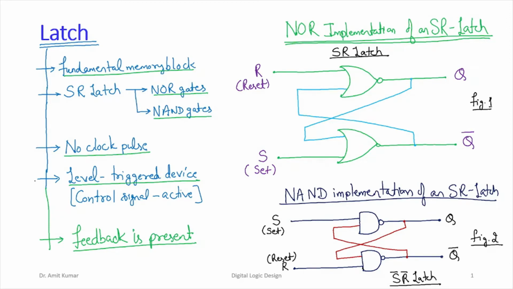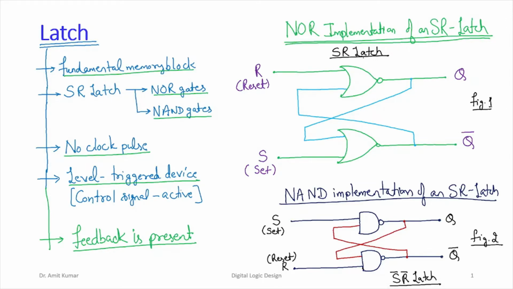If a control signal is driving the latch circuit, then that circuit will be a level triggered device, right? Only when the control signal attains its active level, during that state only the resultant circuit will behave as a latch. There is going to be feedback present. The implementation can be carried out using NOR gates and NAND gates.